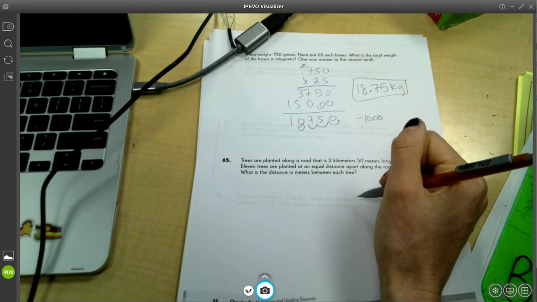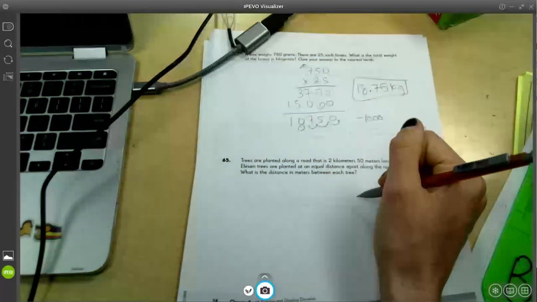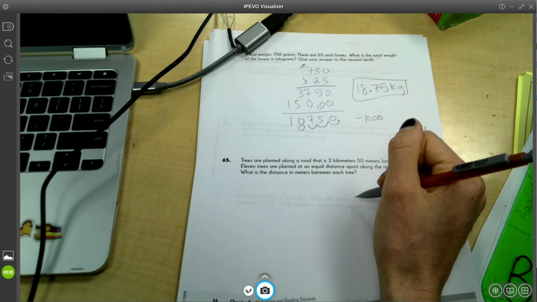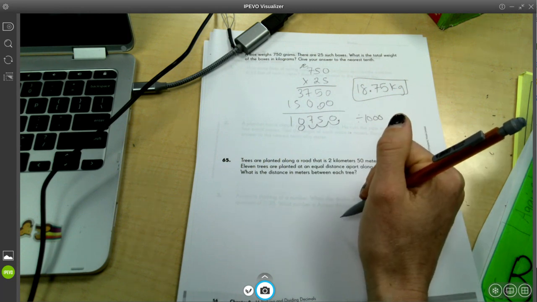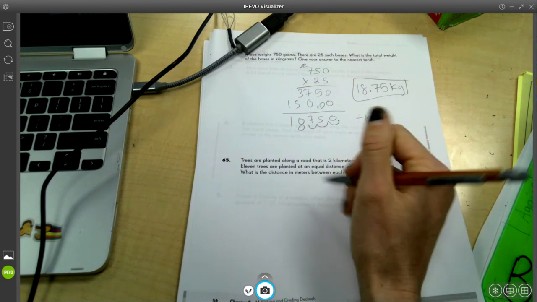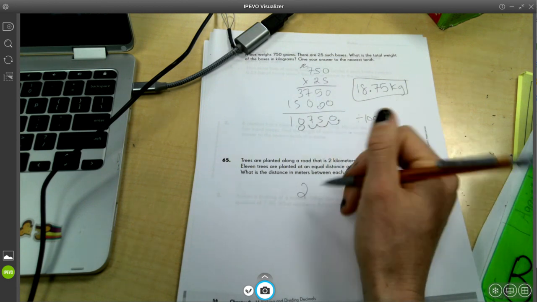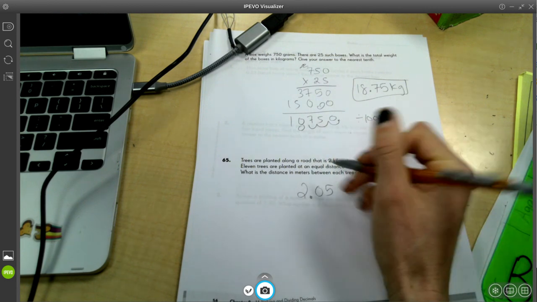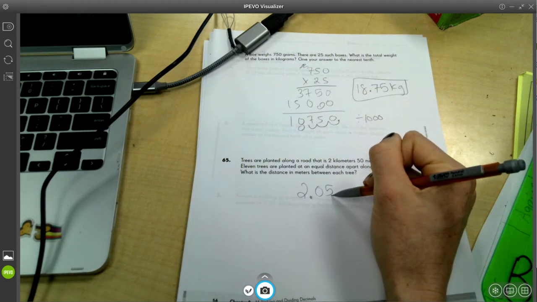Trees are planted along a road that is 2 kilometers, 50 meters long. 11 trees are planted an equal distance apart. What is the distance in meters between each tree? So the whole road is 2.05 kilometers, that's 2 kilometers and 50 meters.